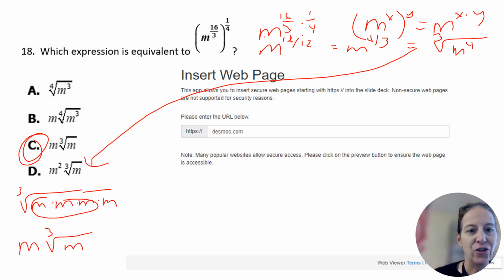So x to the 16 thirds. Come out here, close the parentheses, to the 1/4. No, wait. It's not doing it. X to the... Okay.